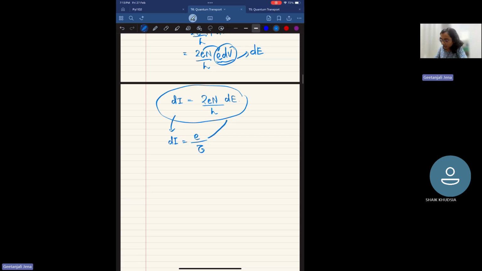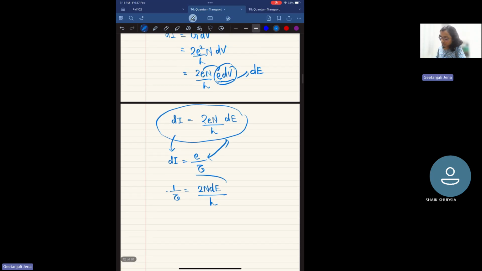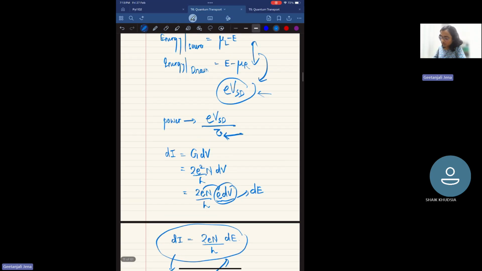If we equate them, we find that 1 by tau, which is what we want, is 2 N dE over h. So we can put this 1 by tau into the expression for power.